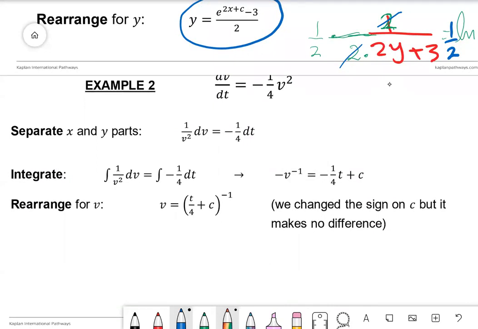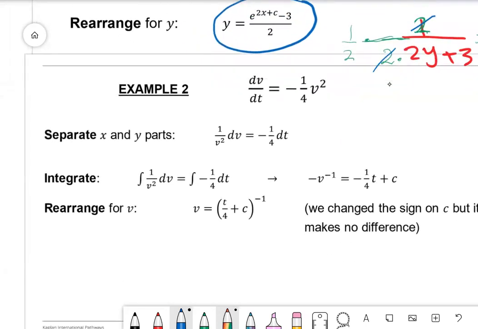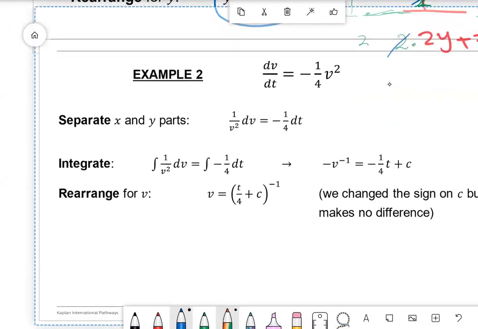Then we get 1 over v squared dv equals minus quarter dt. So what we did here, we divided by v squared and multiplied both sides by dt. Now I have the v's and the dt on different sides.